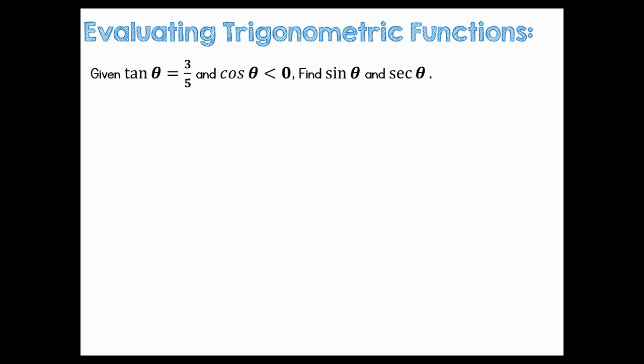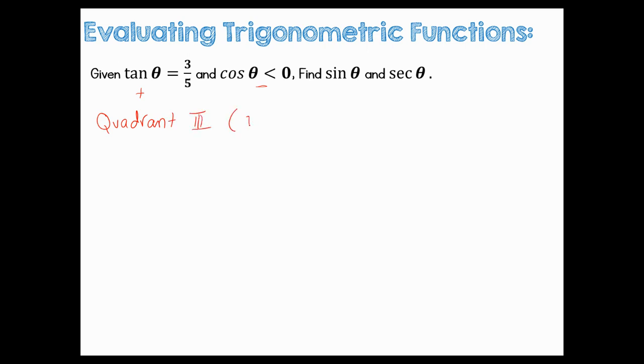Here's another example. Tangent is now positive, which is interesting. So that could be your first quadrant or your third quadrant. And this right here tells you cosine of theta is now negative. So cosine is negative. That can't be our first quadrant, but rather our third. So we're in quadrant 3.